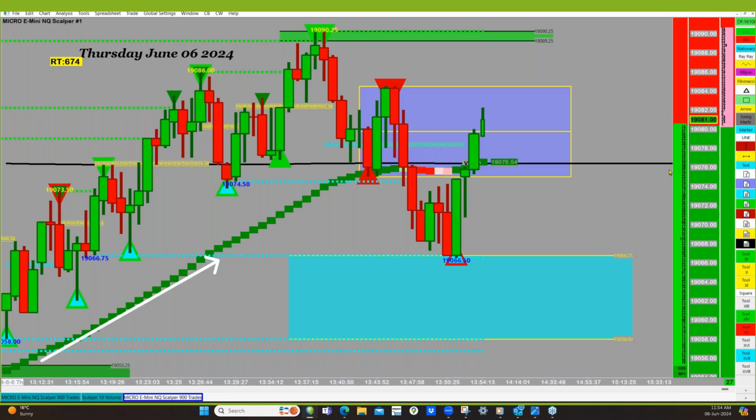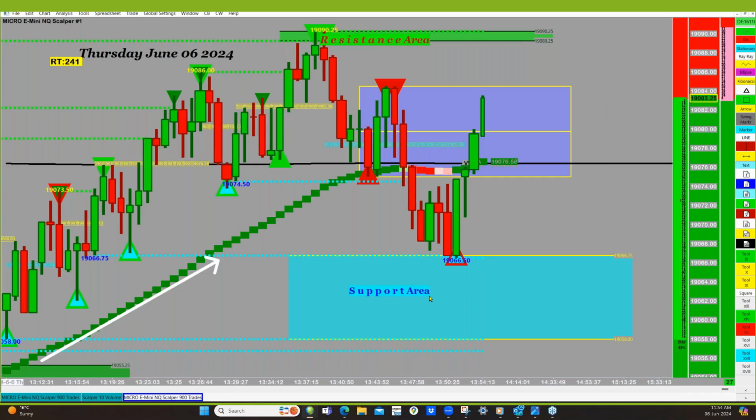From that swing high and low, you will begin, if you haven't in the past, to recognize resistance areas as well as support areas. And they're developing in front of our eyes constantly, okay?